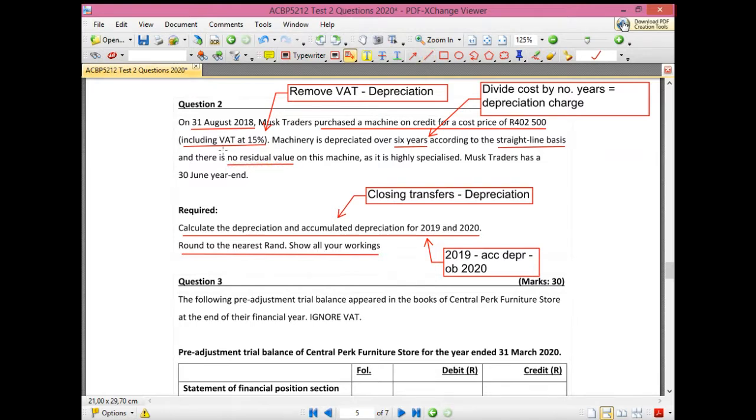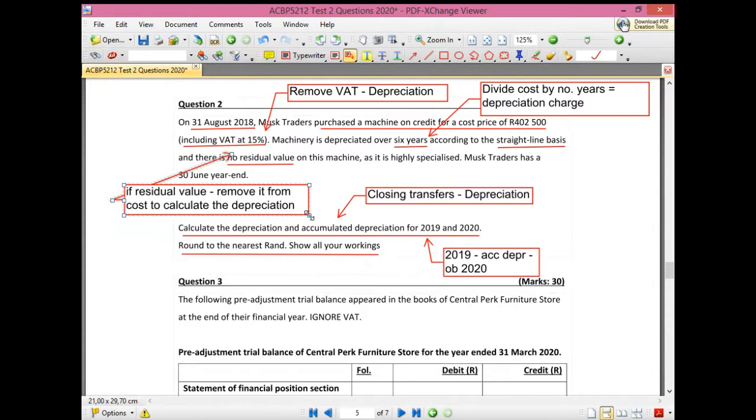If there is a residual value, so I'm just going to make a note here. If you have a residual value, you have to remove it from your cost to calculate the depreciation. Okay, now why do we remove it from the cost? The residual value is the value you say that asset will have left over at the date I am disposing of it.